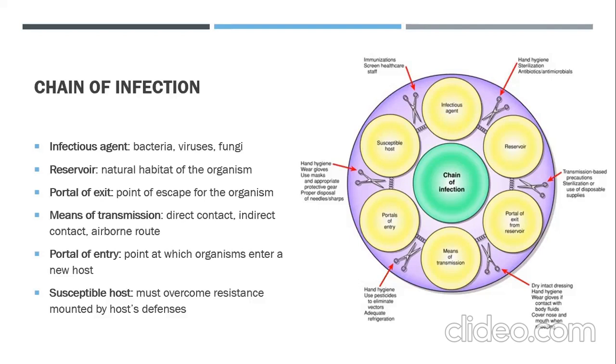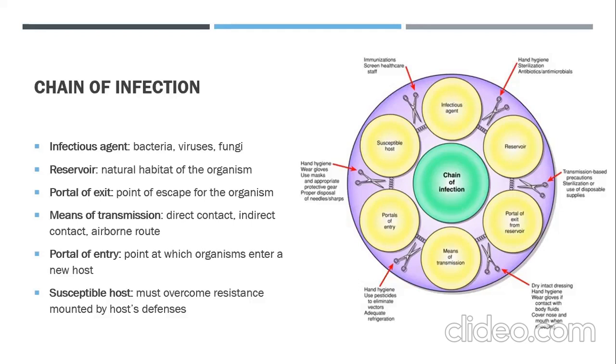So that is the portal of exit, the diarrhea, versus the means of transmission. So is the diarrhea the exit point, but you got it through the fecal oral route, or was it skin contact with someone else who had MRSA and now you caught that? Is it a droplet, like somebody coughed in the air and now the droplet infected you? That's the means of transmission.